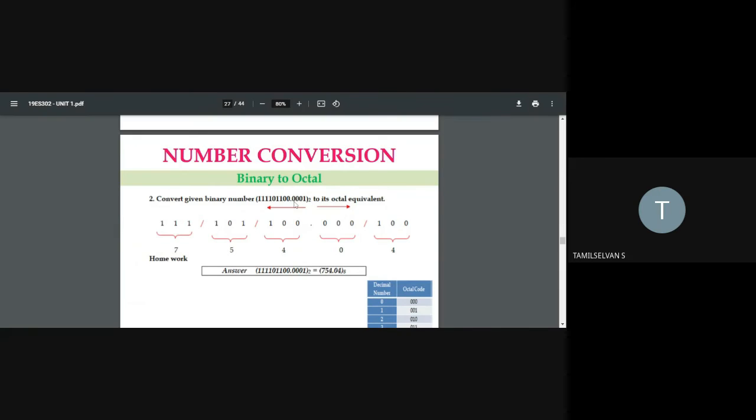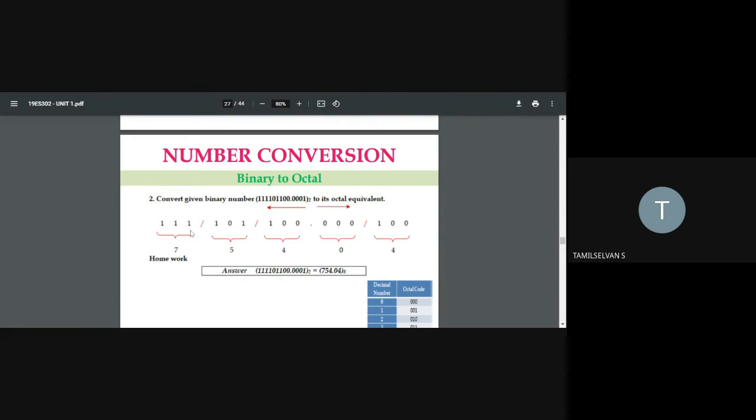Before the dot value, the same methodology has to be followed as in example number 1. So the numbers have been separated by 3 digits from the right end, right? So 001 has been separated, 101 is separated, 111 is separated, and the final one occurs in the binary number, right?